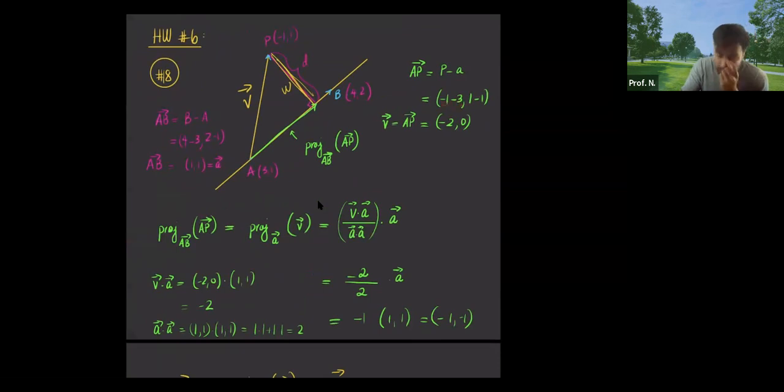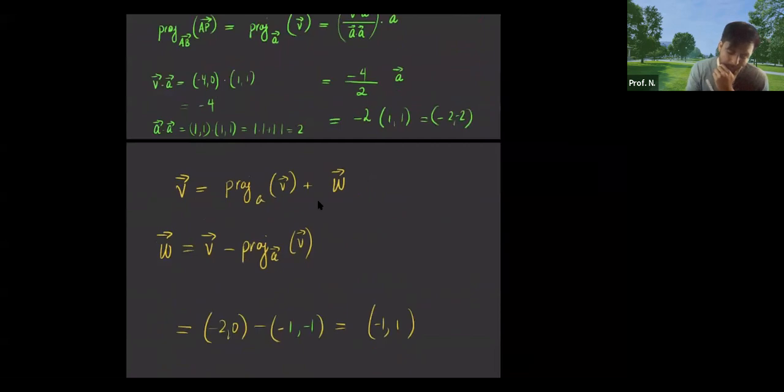Negative 1 minus 3 is not negative 2. As much as I wanted it to be, it's not. It's negative 4. So AP is negative 4 comma 0. That's V. So this should be negative 4, comma 0. So this should be negative 4. This should be negative 4. This should be negative 2. So this is negative 2 comma negative 2.